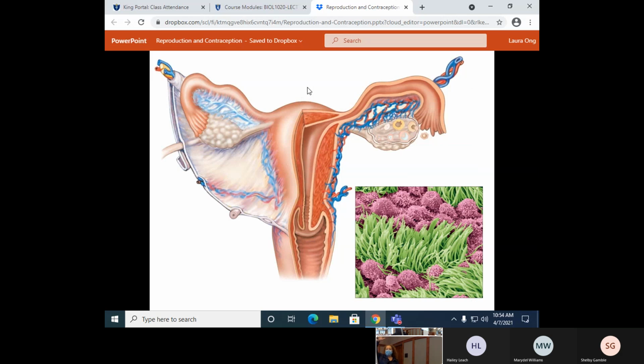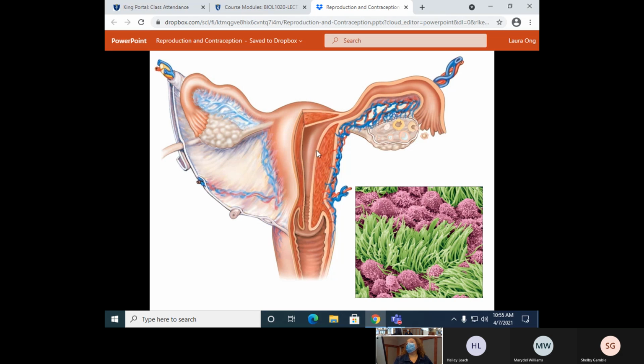And what I do is I make a list of functions or facts. So like one of the functions might be this structure supports development of the early embryo. And that might be letter C. And what you would do with that is you look on the diagram and you write letter C where the endometrium is.